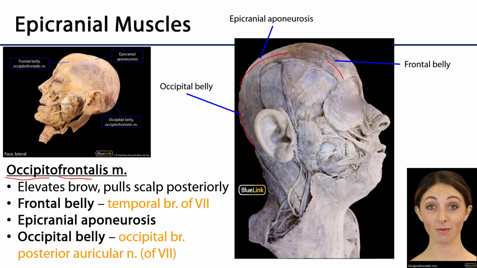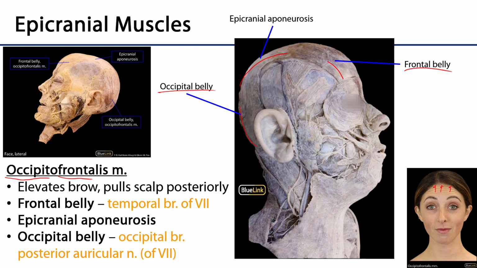Or we can conceptualize them as two separate muscles, the frontalis and the occipitalis. For the purposes of this video, we'll treat them as the same muscle with different innervations. When active, the occipitofrontalis muscle is going to elevate the brow.